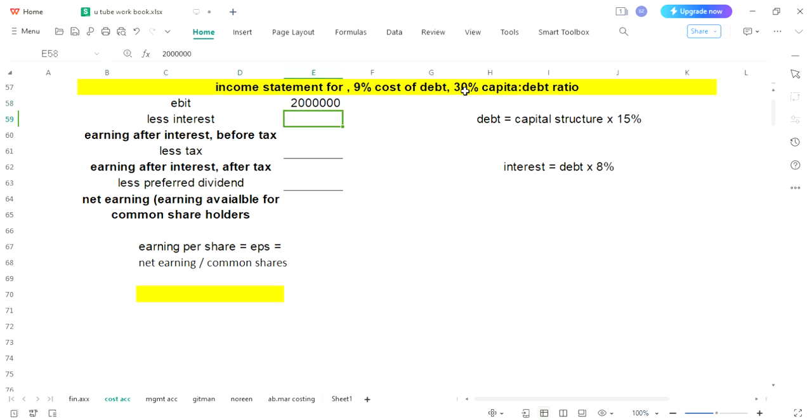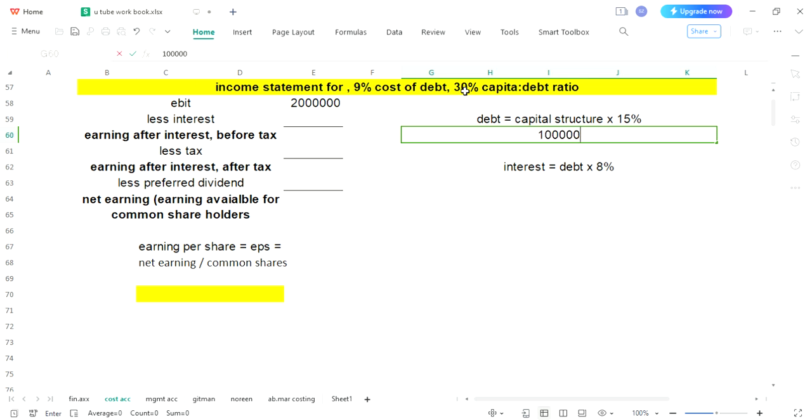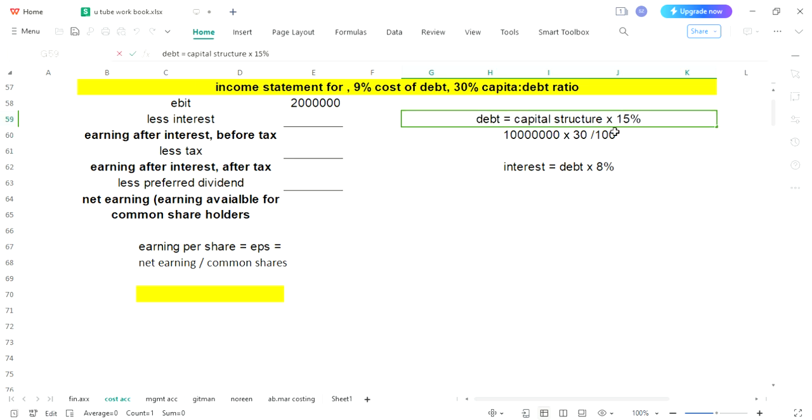The first challenge is to calculate the amount of interest, for which you will come over here. Your capital structure is 10 million and the capital debt ratio now is 30%. So you will multiply it by 30 and divide it by 100, because your capital debt ratio has been changed from 15 to 30%.